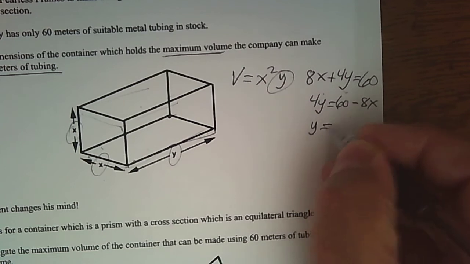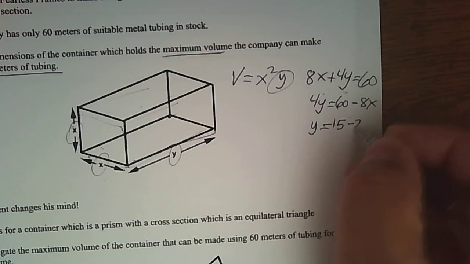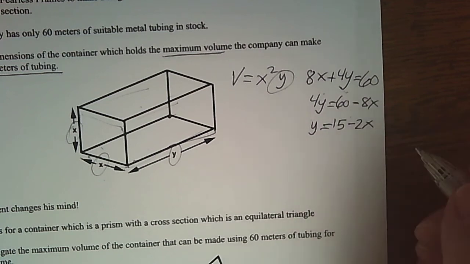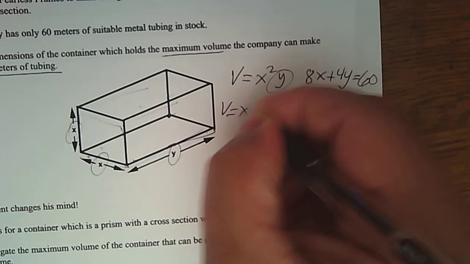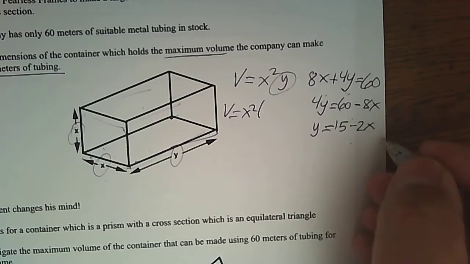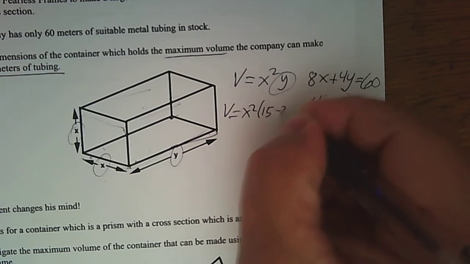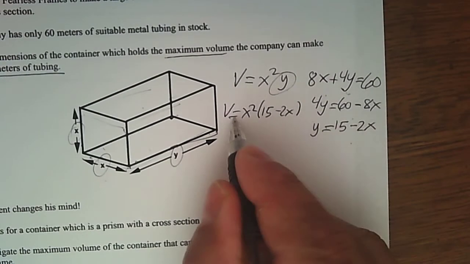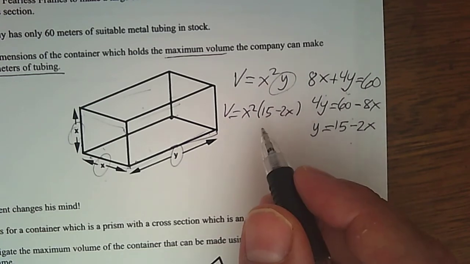So when I divide by 4, 60 divided by 4, 8 divided by 4, and you have 15 minus 2x. All right, now I can do a substitution. So take out the y and put in 15 minus 2x. Do I now have one equation that describes the volume with one variable only to use?